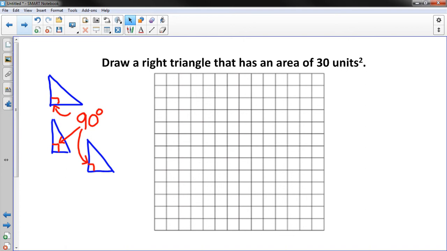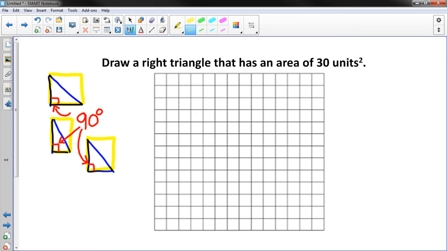And we also learned in class that triangles have an area half of a rectangle. So if I could imagine all those triangles I just drew and sketched here, they're really inside an imaginary rectangle. So if I can find the area of the imaginary rectangle that they're inside of, and then just cut that area in half, I will have the area of the triangle. So all I really need to do is sketch a rectangle and then just cut it in half.